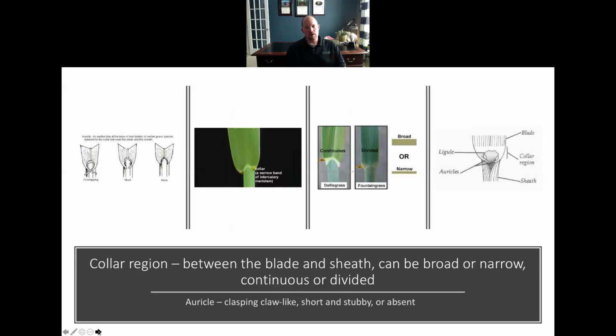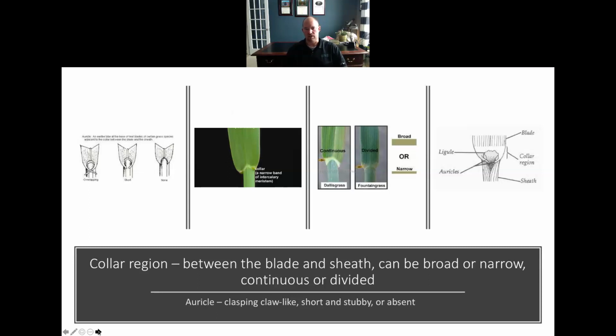So then we move into the collar region. The collar region on a blade of grass is the part where you have the sheath and then the blade. It's the point on the grass leaf where the sheath and blade come together, where the blade starts to bend away from the stem and bend outward.